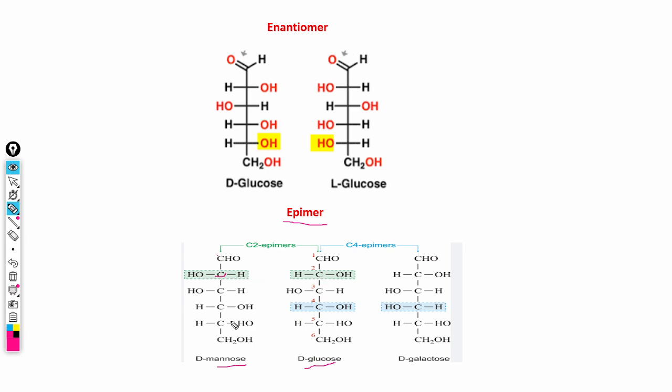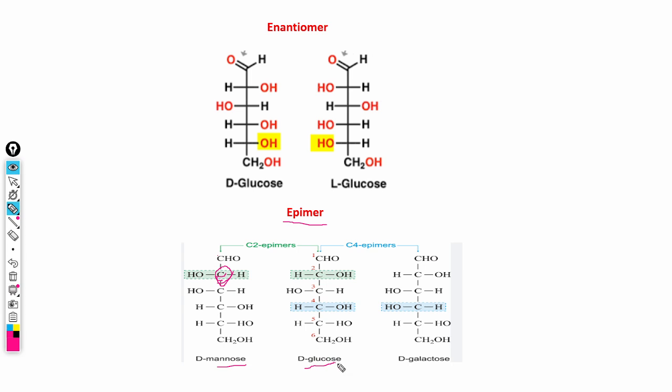That means in the mannose OH is present at the left side, but in the glucose OH is present at the right side, and here H is present on the right side, but here the H is present on the left side. So the mannose and the glucose differ only at the C2 position. That means they differ by only one carbon. So mannose and glucose are epimers.